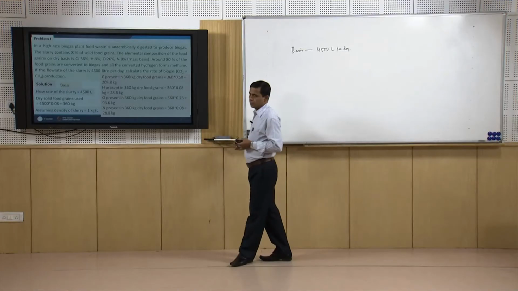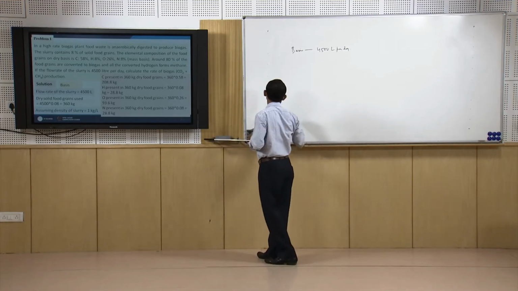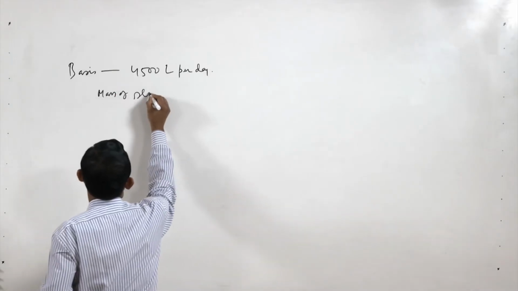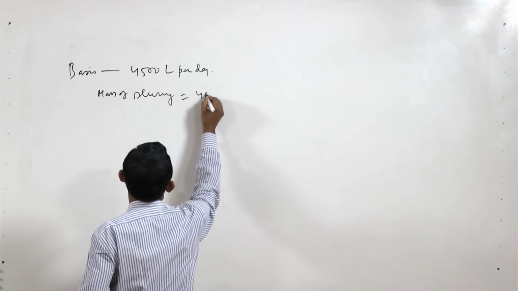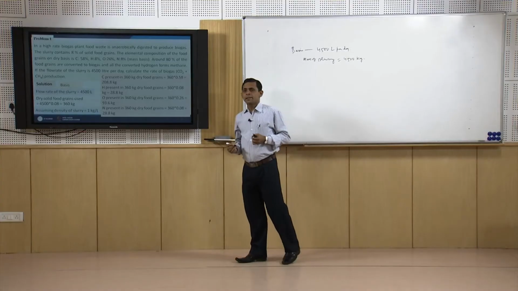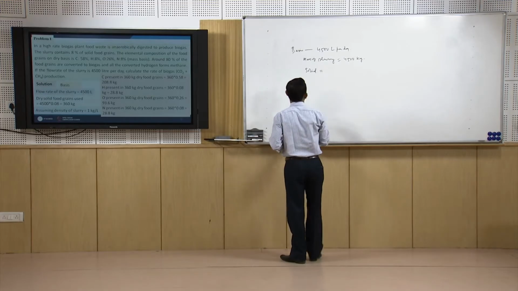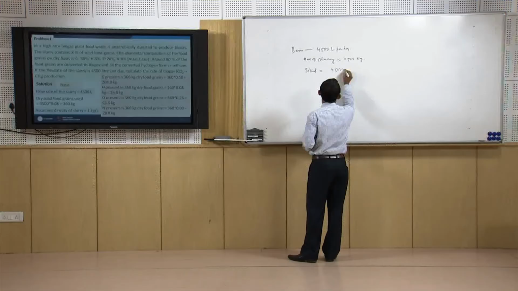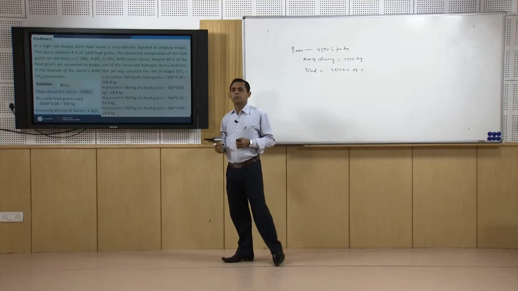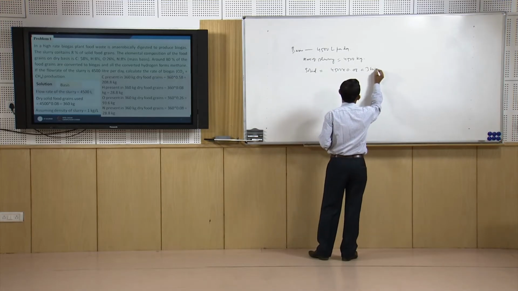If we assume the density is 1 kg per liter, then the mass is equal to 4500 kg. 8% is solid, so slurry solid is equal to 4500 into 0.08. So, that is equal to 360 kg.